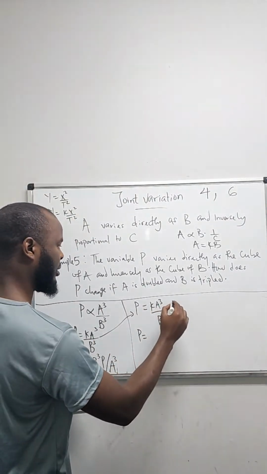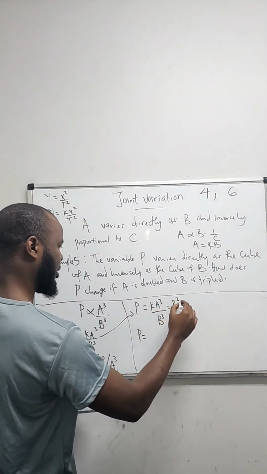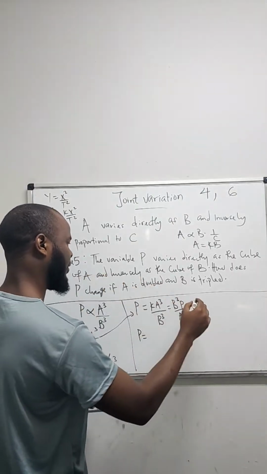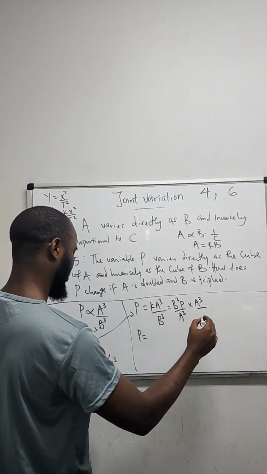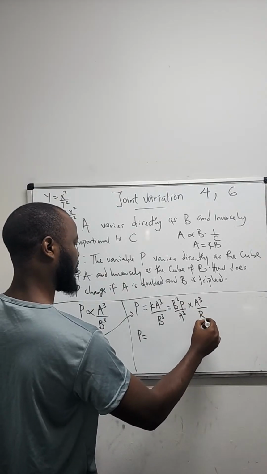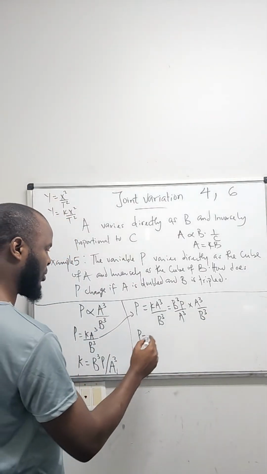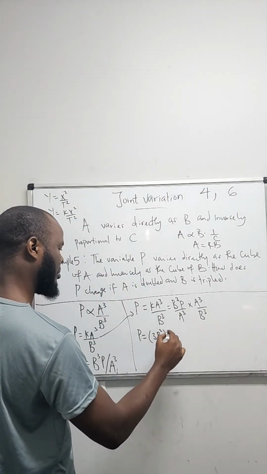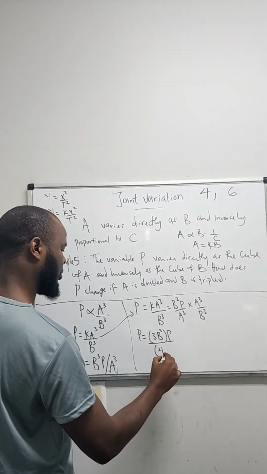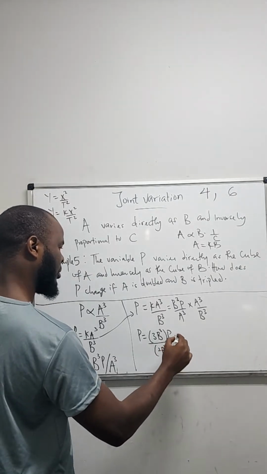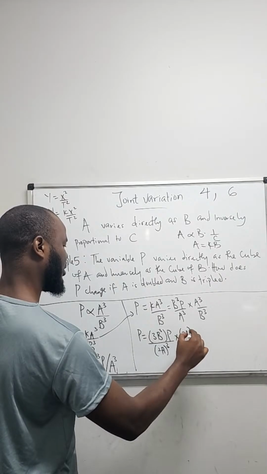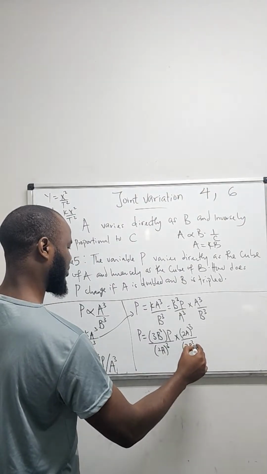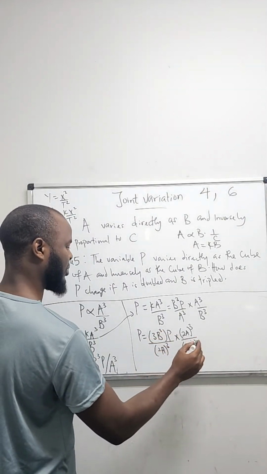K is B cubed P over A cubed, multiplied by A cubed over B cubed. So B is tripled, 3B cubed times P, and A is doubled, 2A cubed over 3B cubed. Sorry, the cube should be outside.